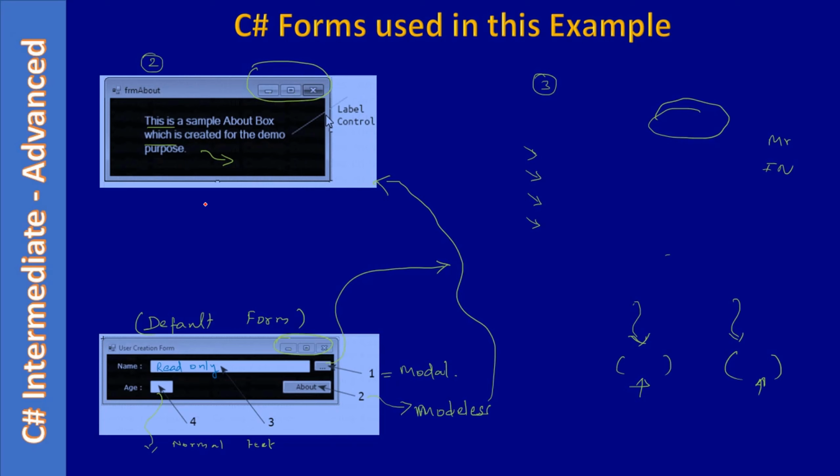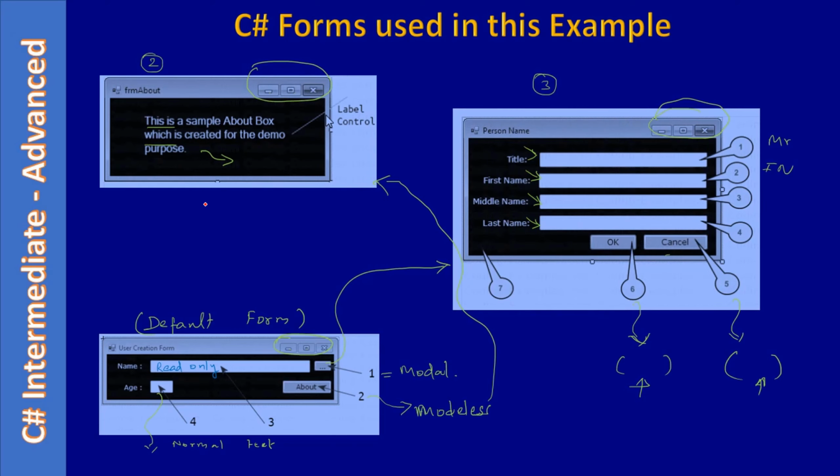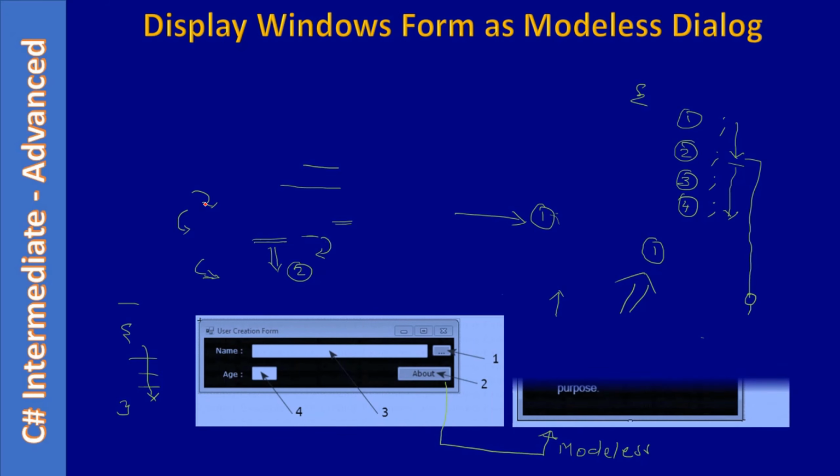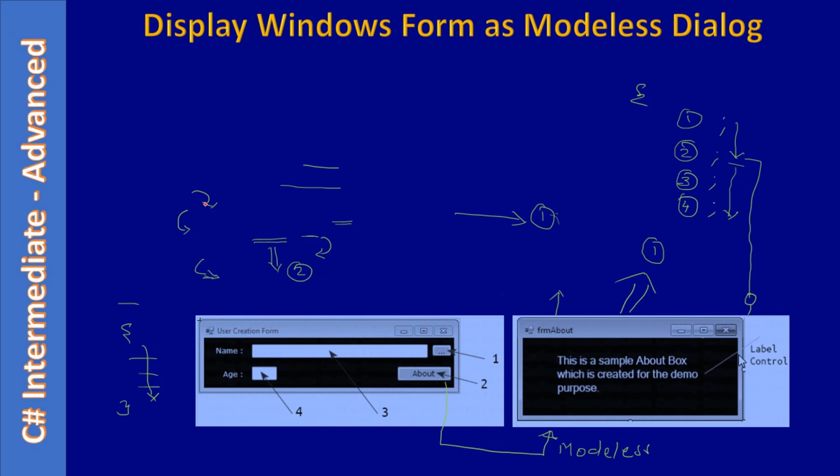Then we displayed this about box as a modal dialog. So when the user clicks about, we displayed this dialog, and we displayed it as a modeless dialog in the previous video. And we also saw how a modeless dialog is allowing the focus to the parent.